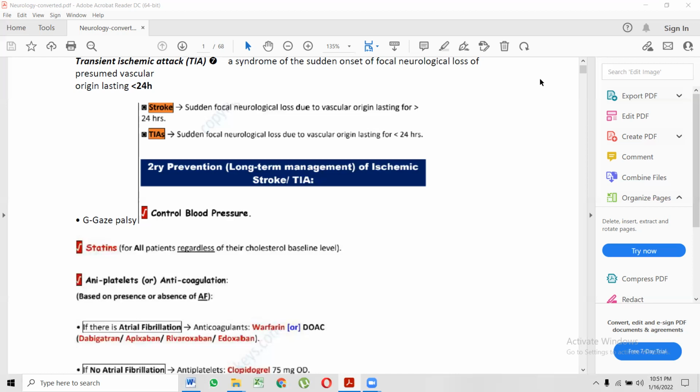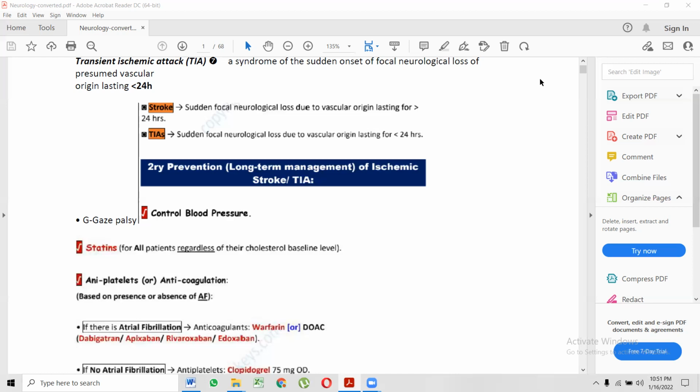Sir, could you just repeat the different parts of the body that atrial fibrillation could affect? Yes, in atrial fibrillation, clots are basically found in the ventricles. From the ventricles, these clots can travel to any part of the body through systemic circulation.